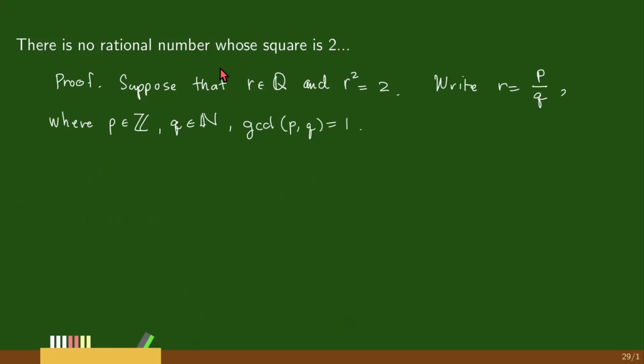Ibig sabihin ng GCD ng numerator at denominator ay 1, it means yung fraction na to naka-lowest form, or in its simplest form. Kasi halimbawa, yung 2/4, hindi yan naka-lowest form kasi ang GCD ng 2 at 4 ay hindi 1. Masasabi mong naka-lowest form kung ang GCD ng numerator at denominator ay equal to 1. Did you understand me?